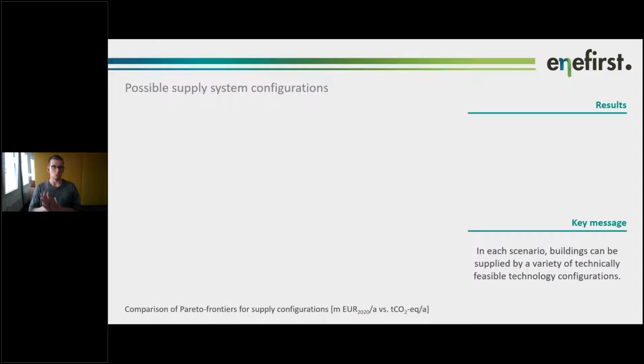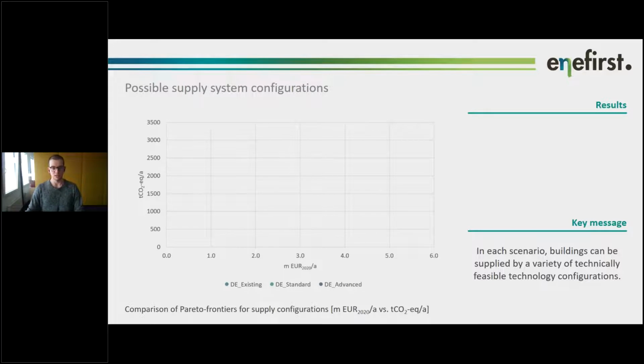But let's move closer to the question of how these local systems should ideally be designed to meet heating needs at the lowest possible cost. What you see here is a chart that compares the total annual cost for energy supply on the horizontal axis with the annual CO2 emissions that are associated with different technology configurations.